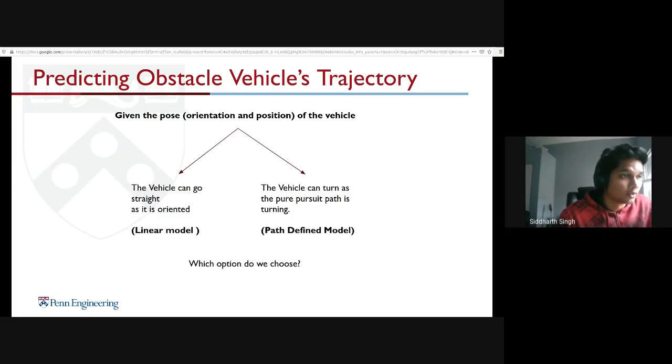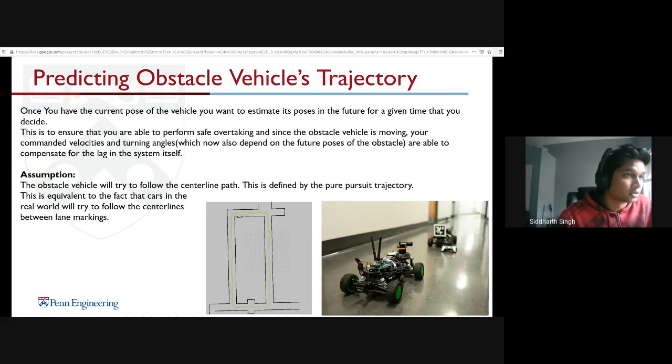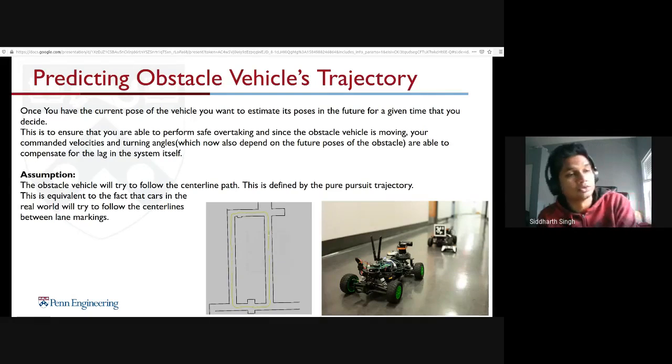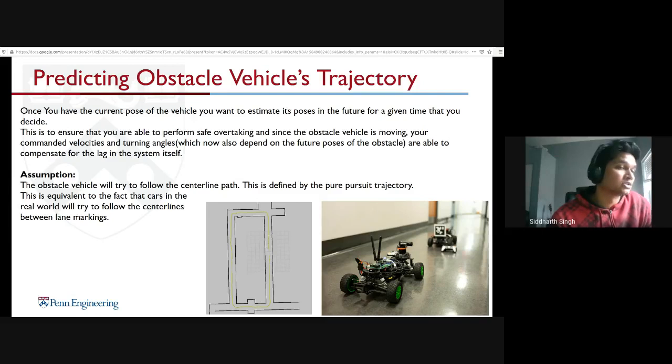At the turns, the pure pursuit path turns, but the vehicle might not turn in the same instant that it is seeing it. It might turn later, it might turn before. In the current instance, we can never be absolutely sure whether the path taken will be the pure pursuit one or straight ahead as it is oriented right now.